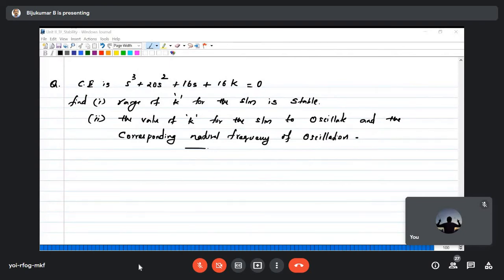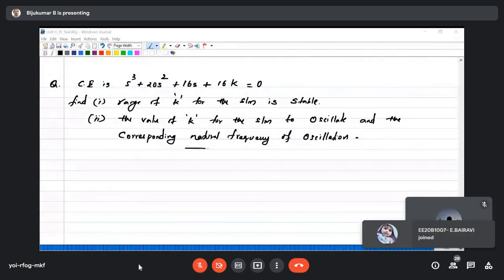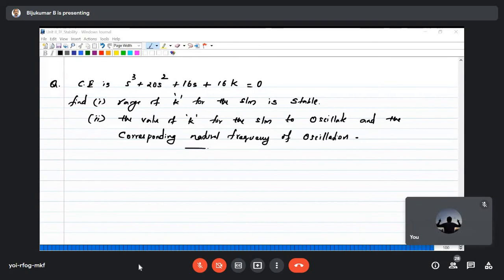So why are you telling that at K equal to 20 there is a chance of oscillation in the output? By Routh criteria, sir. So if you put K equal to 20, what will happen to the Routh array? In that third row, S power 1, you are substituting K equal to 20, right? Yes, sir. So when you substitute K equal to 20, what will happen to the Routh array? That is my question.